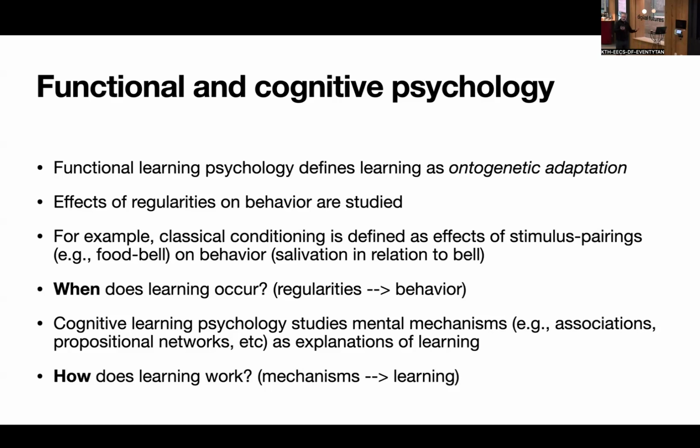And these are not in opposition to each other. They are just very, very different. Functional learning psychology talks about when learning takes place, and mechanistic cognitive psychology tries to understand what mechanisms make that learning happen.